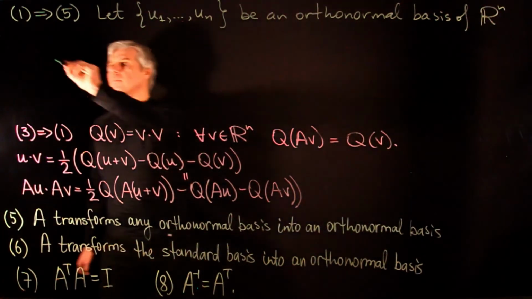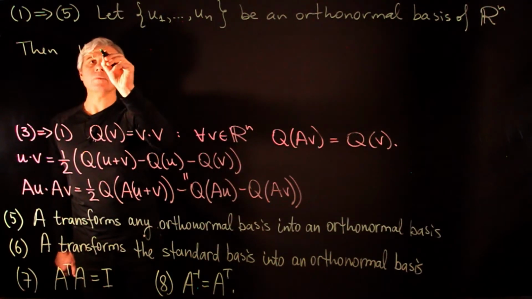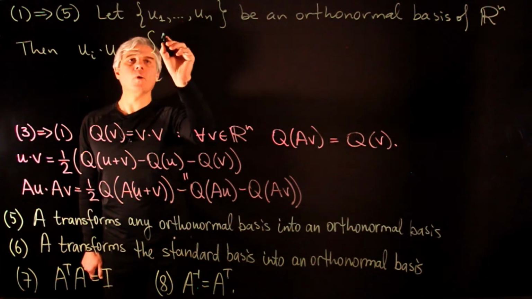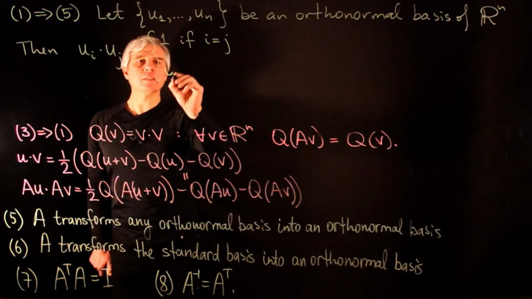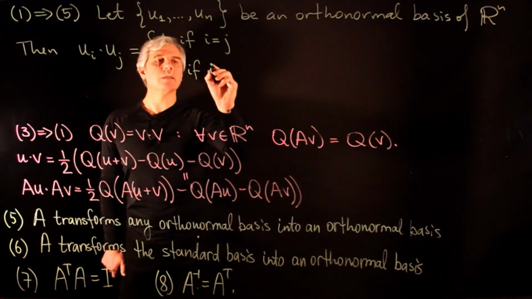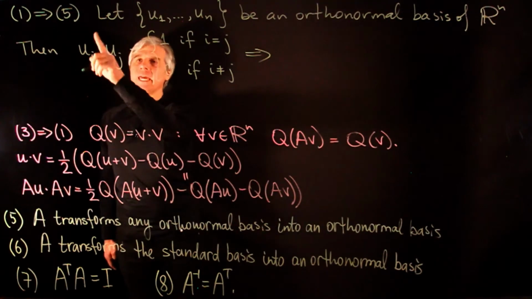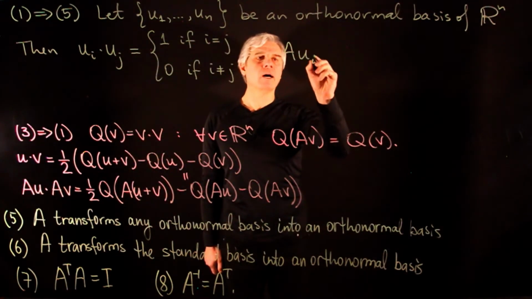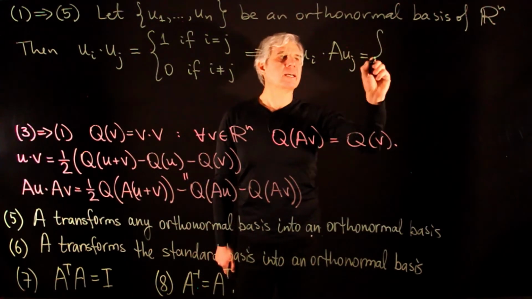Then the dot product of ui with uj is equal to 1 if i is equal to j, and 0 if i is not equal to j. But transformation A preserves the dot product. So this means that AUi with AUj has the same value.